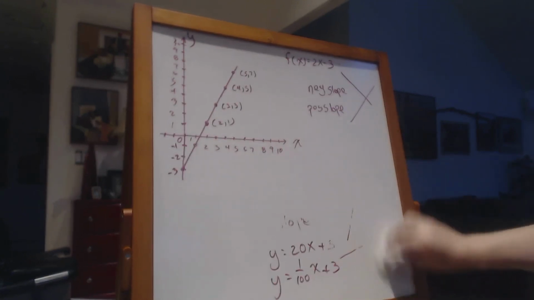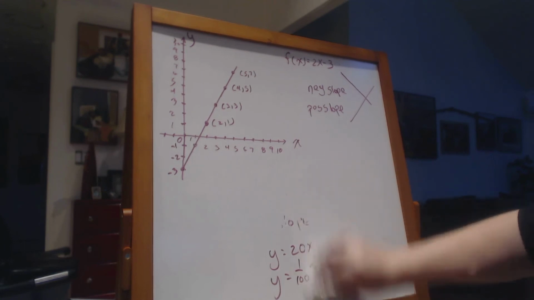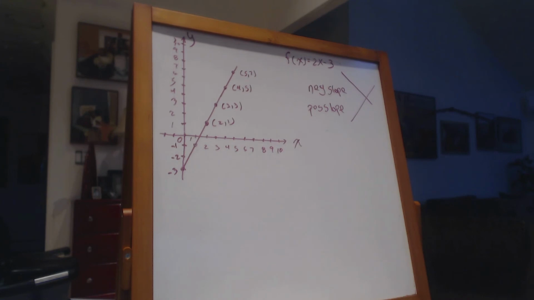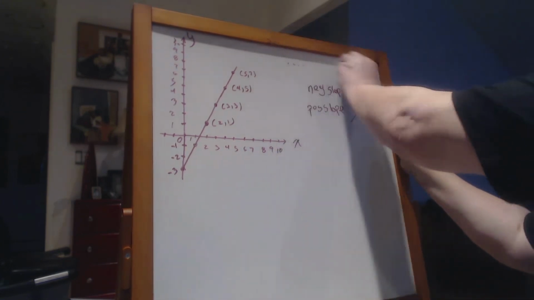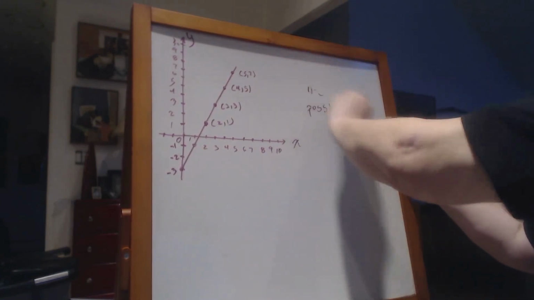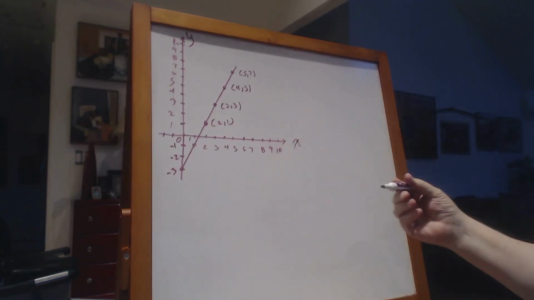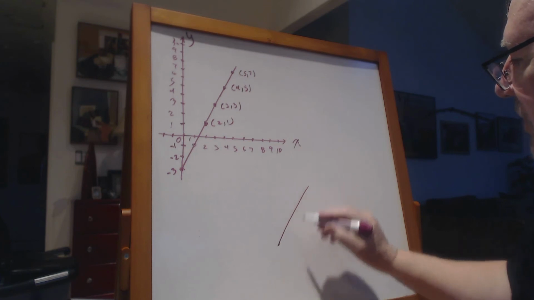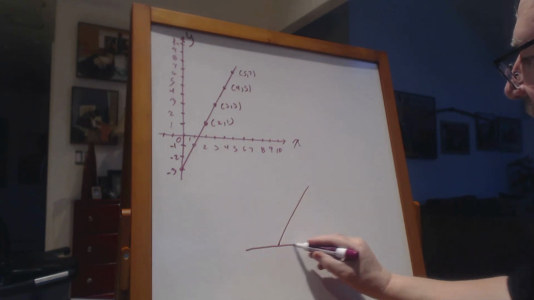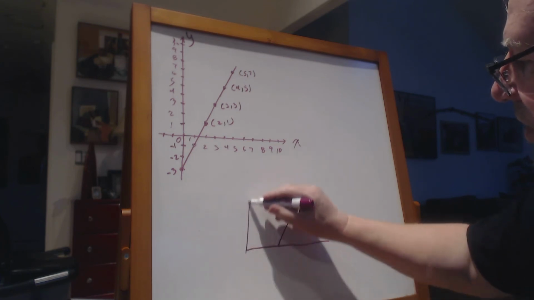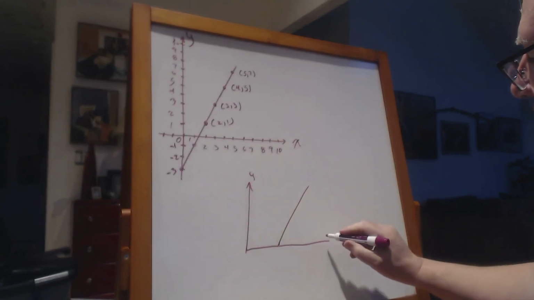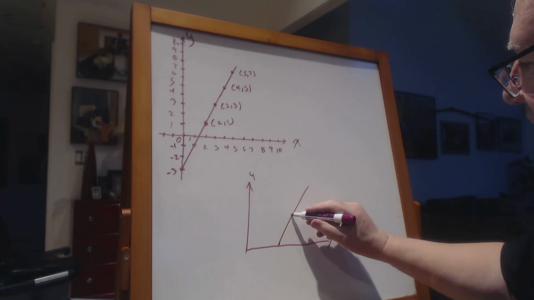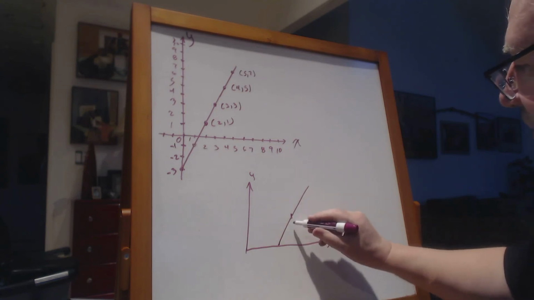Now, why do we call it the slope? Well, let's take a look. We look at a coordinate system, that's y, x. Let's look at 2 points.